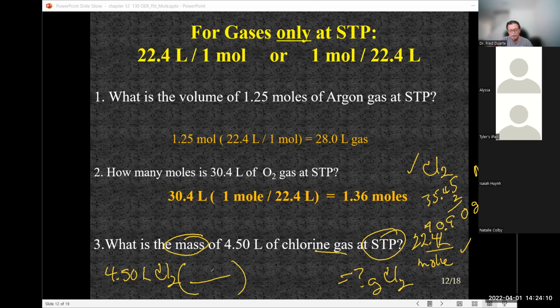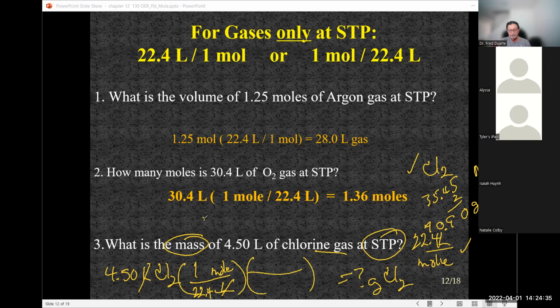So here we have 22.4 liters per mole. We want liters in the denominator and moles on top. At this point, the liters cancel, leaving me with moles of chlorine, which would be great if the question were just asking for moles, but it's not.